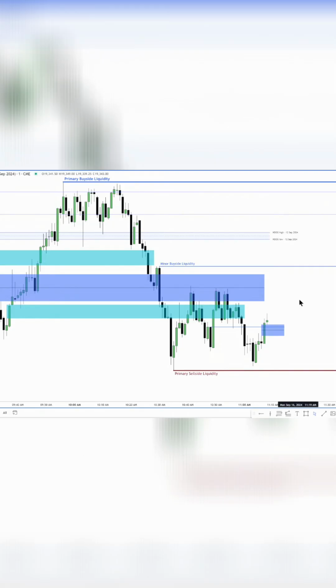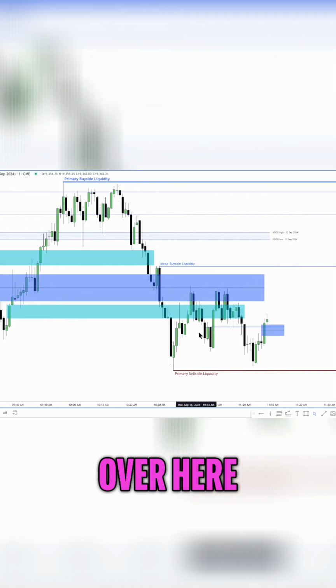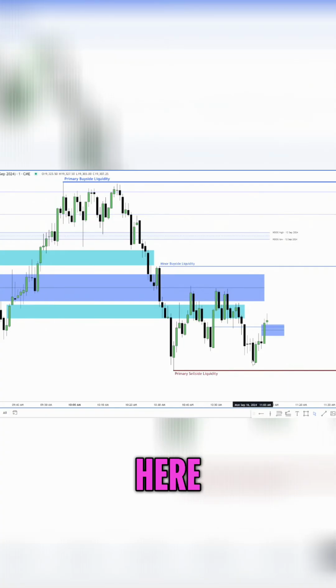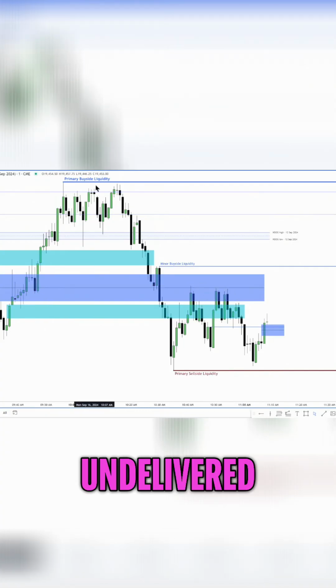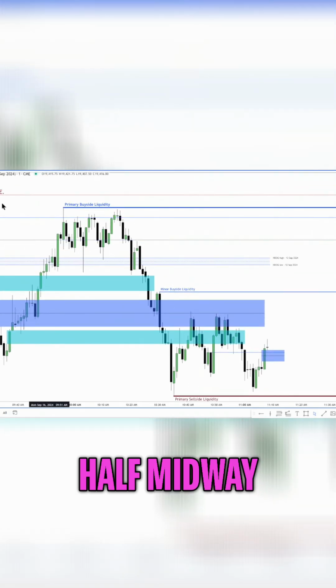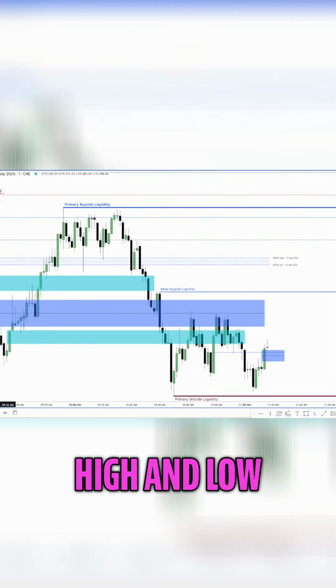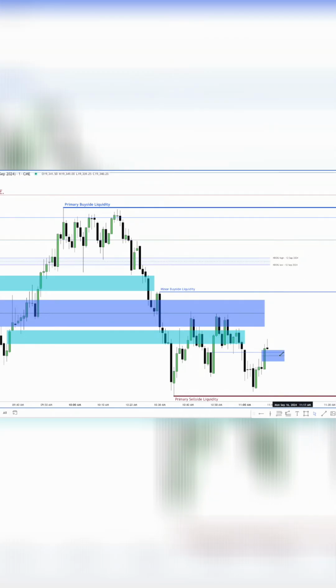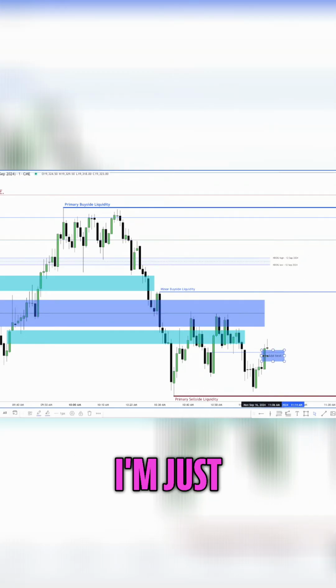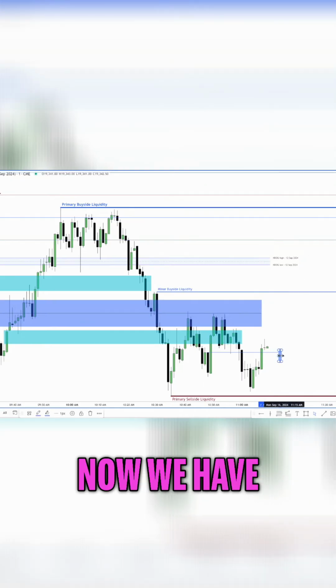All right, so Caleb would have a low that's taking out that low over here. And then we have this low that was taken out here. And we have clean highs, an undelivered half midway between the opening range gap high and low that has not been traded to today. I'm drawing this, the gap's not there. I'm just saying if it closed now we have it.